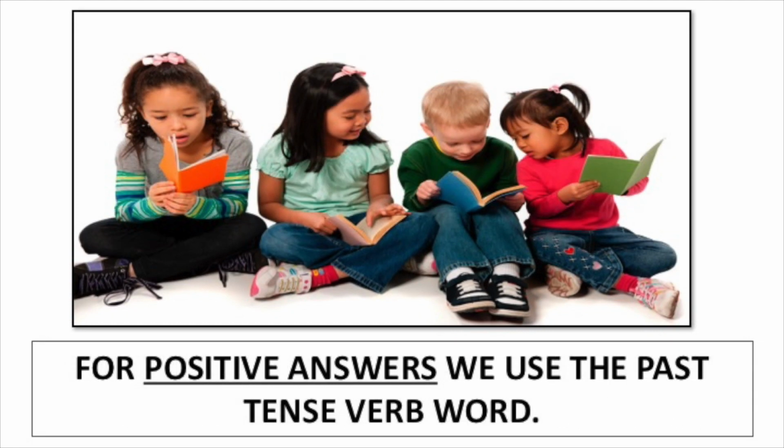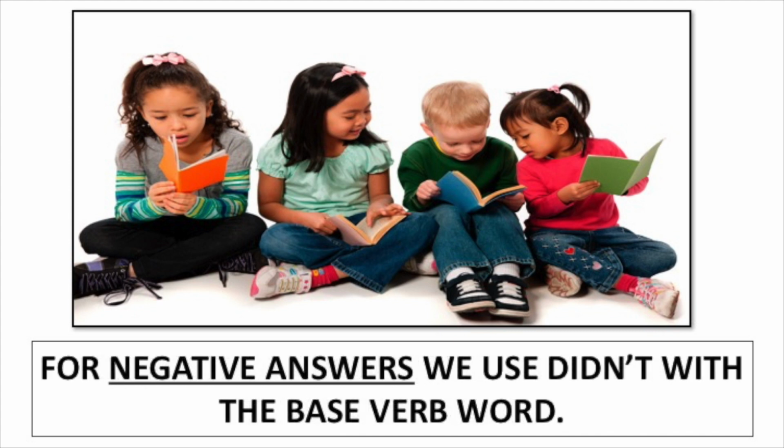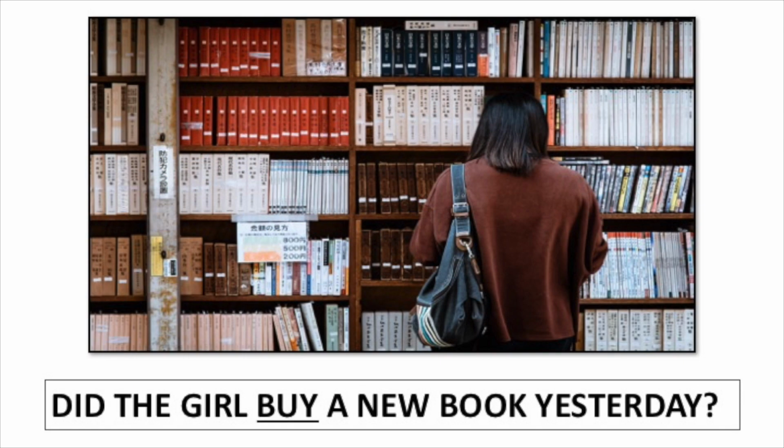For positive answers, always use the past tense verb word, okay? For the positive answers, we change to the past tense. But for negative answers, we use the contraction didn't, followed by the normal verb word. Yes, let's look at some examples. The question: did the girl buy a new book yesterday?